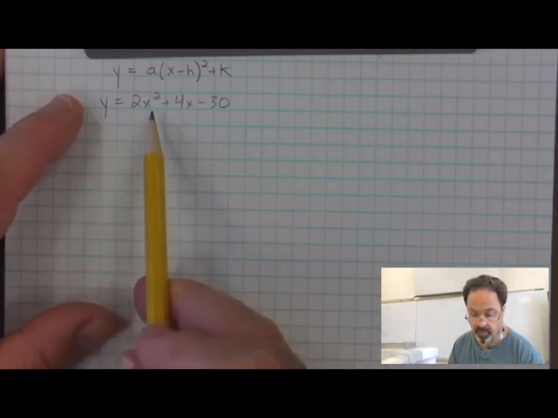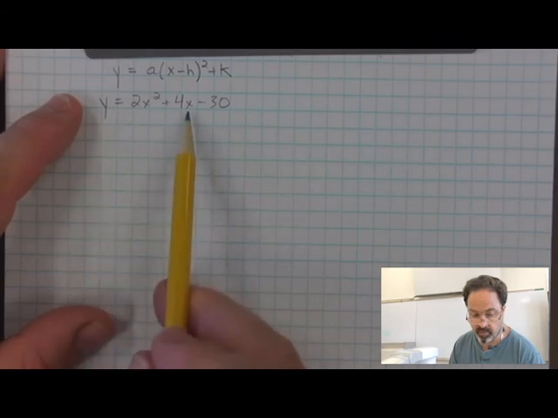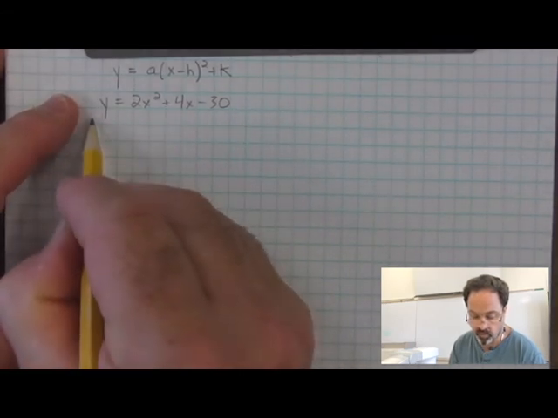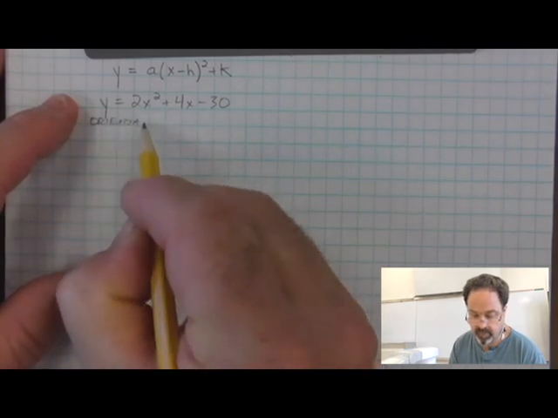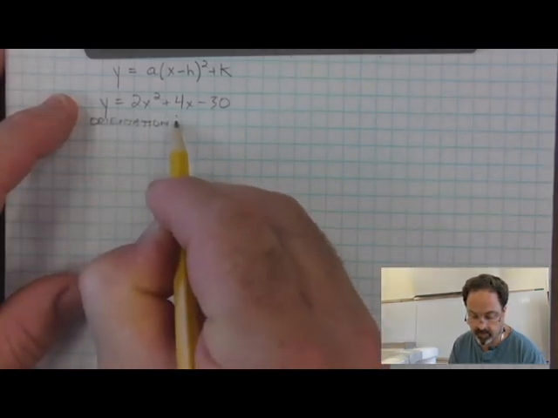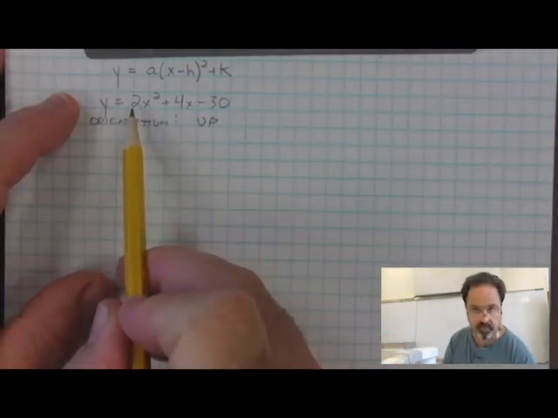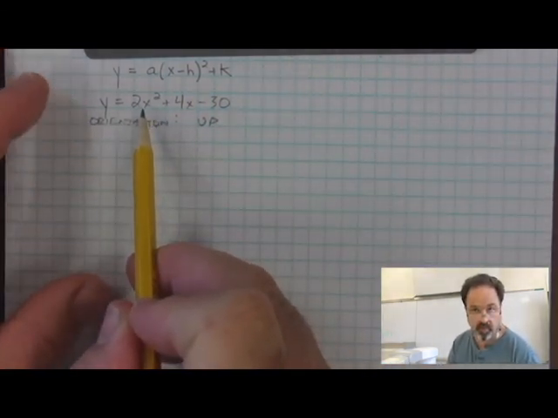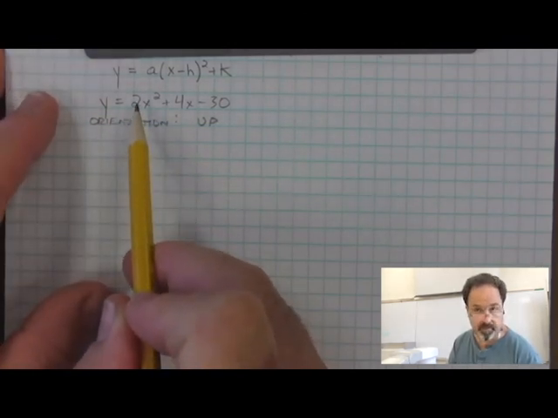We're going to do it by investigating what we know about this equation. We know that its orientation is up because the coefficient of the x squared term, or the thing that's multiplying x squared, is positive.